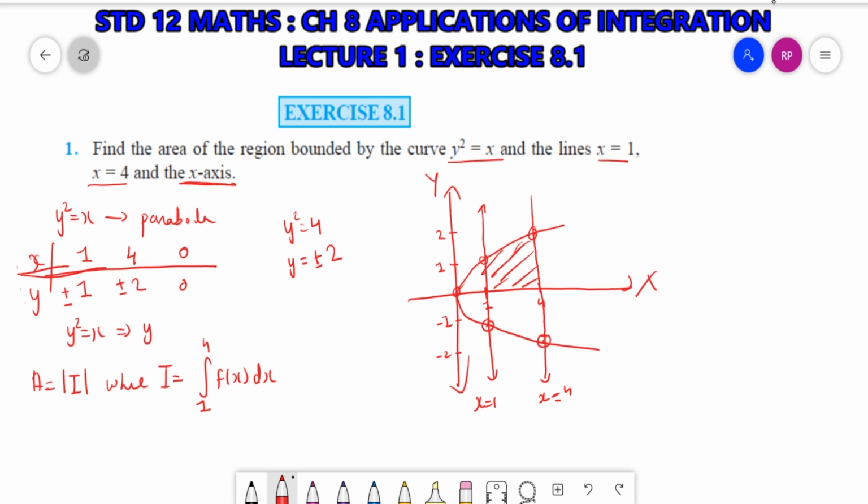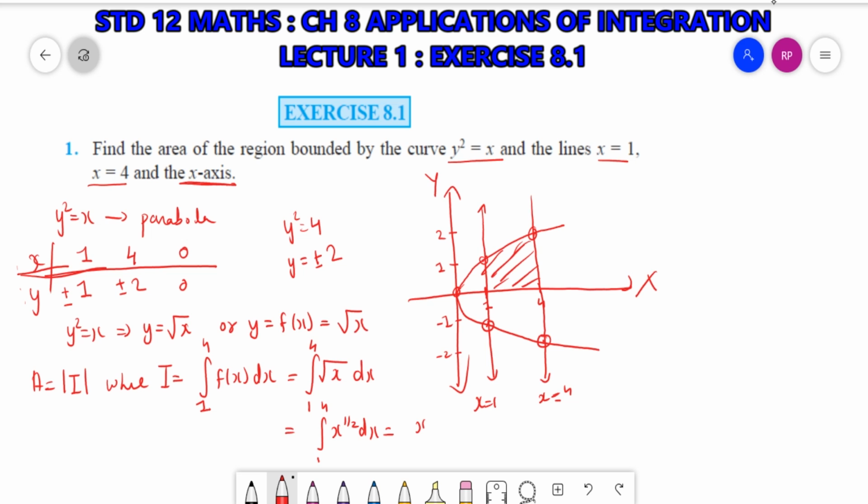That implies y is equal to square root of x, or y equal to f(x) equal to square root of x. This integration becomes integral from 1 to 4 of root of x dx, or I can write x raised to 1 by 2. So this integration will be from 1 to 4 of x raised to 1 by 2 dx.